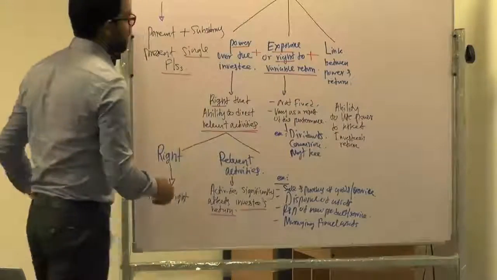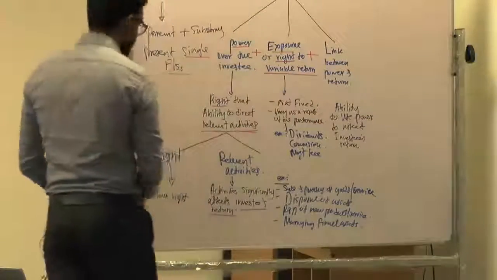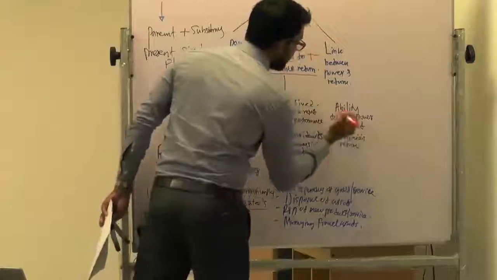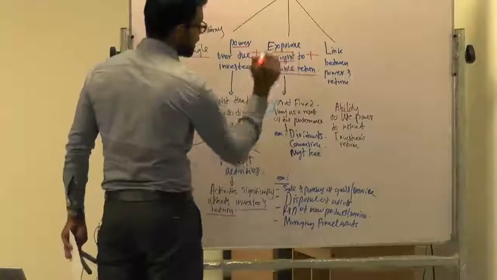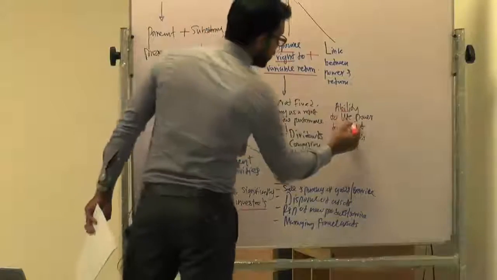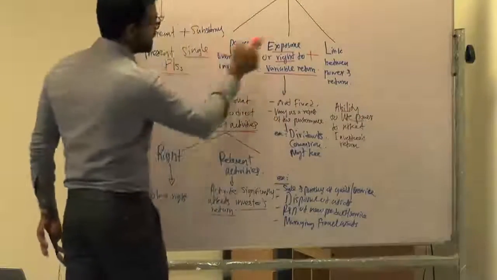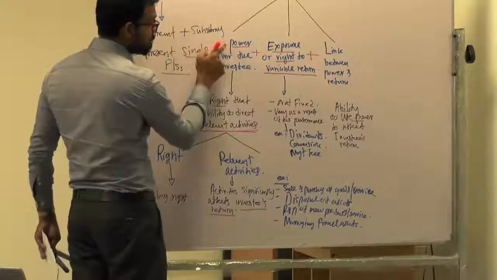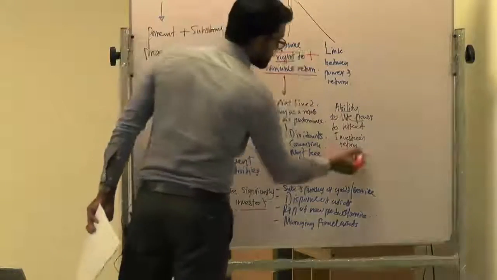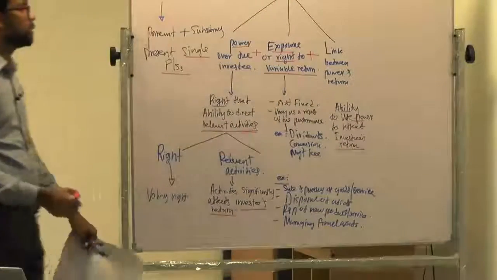That is the link. So you have an ability. The link between these two, power and the return, is the ability to use this power. This is the link I am explaining between these two. The ability to use this power to affect the investee's return is the link between power and the return.